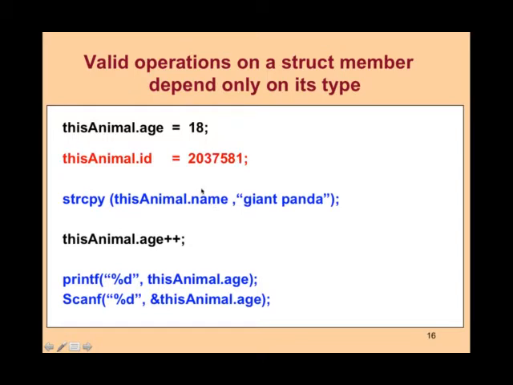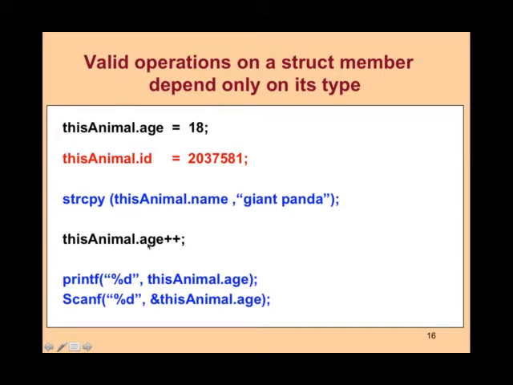But name was not integer or float or double. It was a character array which can be used for a string. So in that case, it will be strcpy of this animal dot name, comma, giant panda. So in that name field or name member, so all of a sudden I use the word field. Member and field are the same thing. Giant panda will be stored.